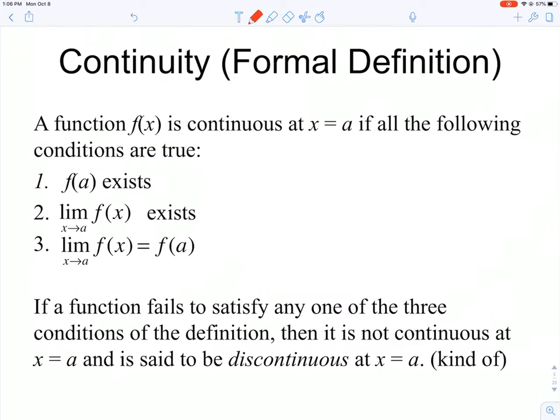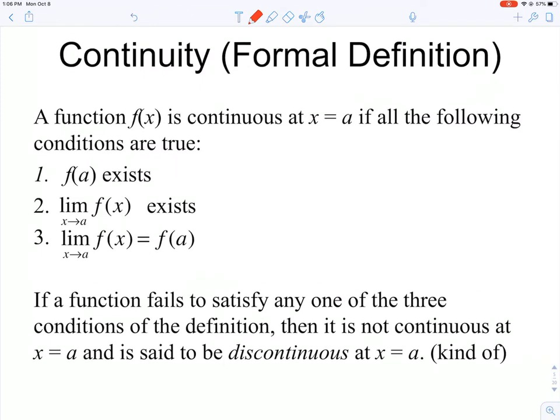So f of x is continuous at x equals a if the following conditions are true. So if the function evaluated at a exists, if the limit as x approaches a of f of x exists, and then if the limit as x approaches a of f of x is equal to the function evaluated at a. So basically, if 1 and 2 agree.